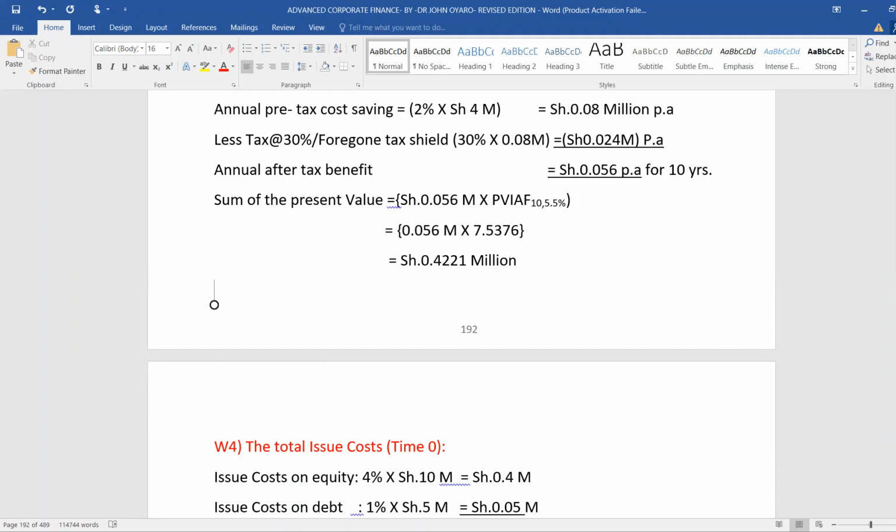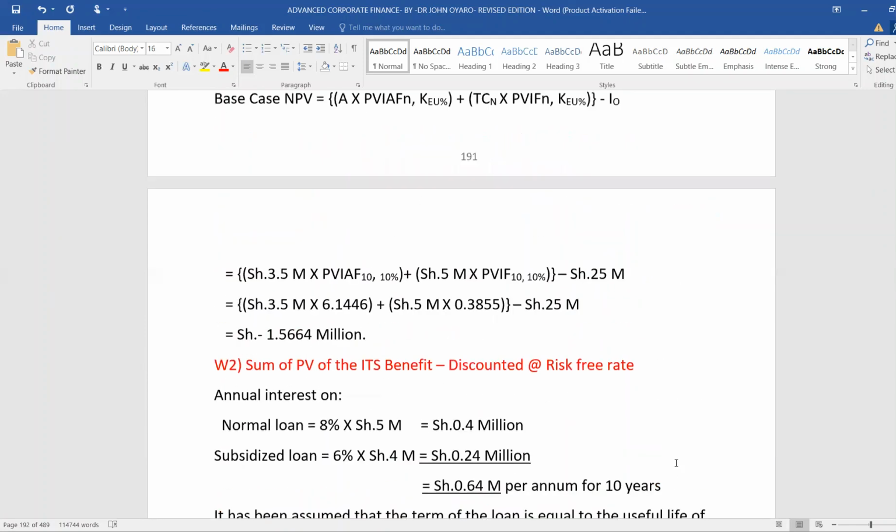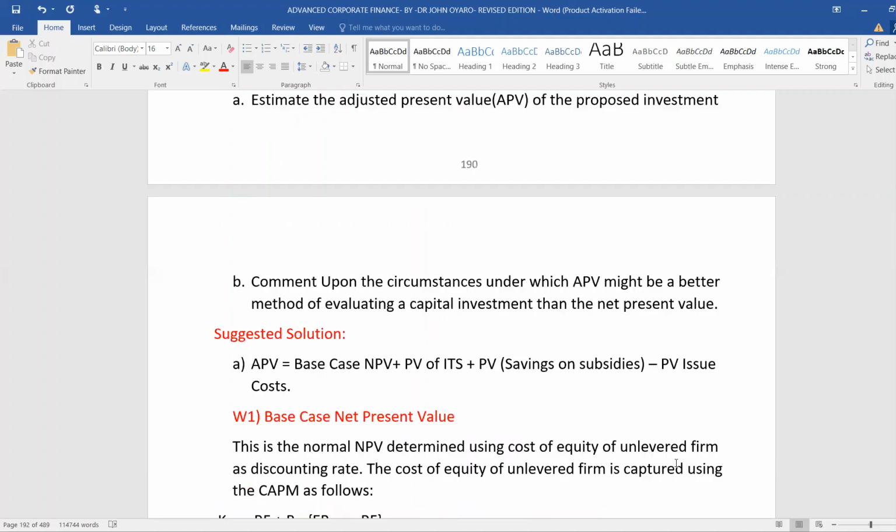Now, the final working, if you look at the formula, is to find the total issue cost. So far, I've worked out the base case NPV, the present value of the interest tax shield, and the total present value of the subsidy.